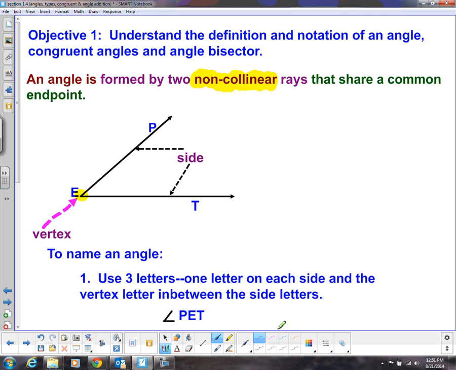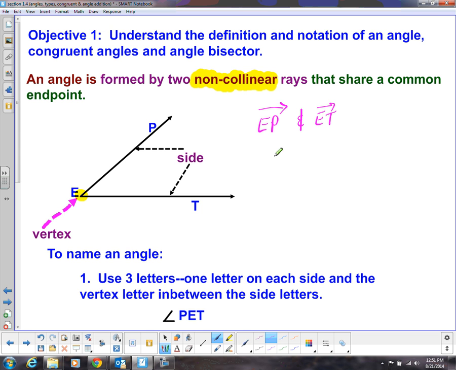So let's do some naming. The expectation is everything that's typed is written on your notes, and everything that I write is written on your notes. All right, this angle is formed by ray EP and ray ET.